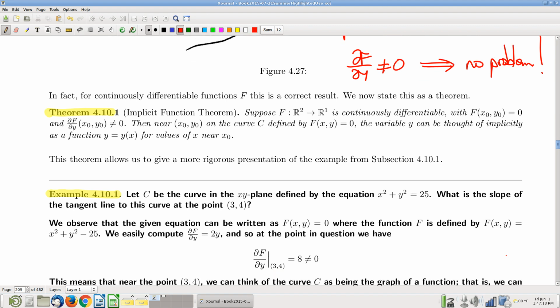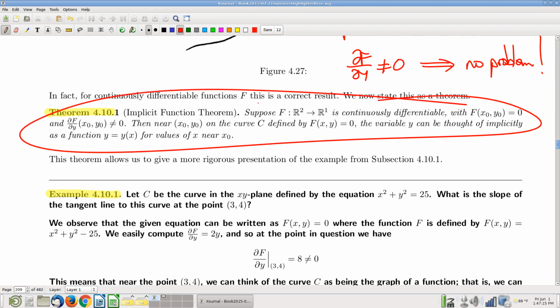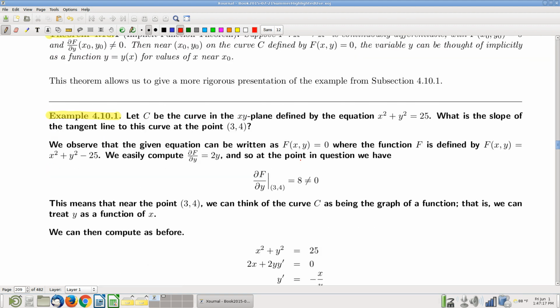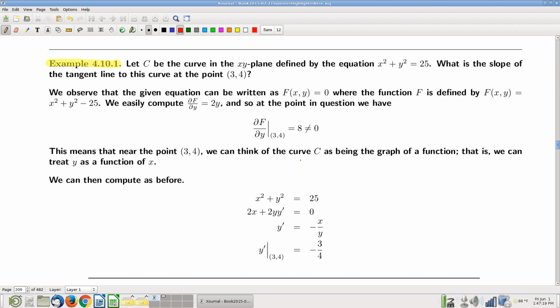And so here's that theorem, and here's an example of how we use it. Now this is the same example that we just saw with the circle. But this is now what I feel is an appropriately proper treatment of the matter. We have that equation. Want to know what's the slope of the tangent line? I would like to just go ahead and start treating y like it's a function, but I have to be really careful. I don't want to just assert something that's not true.